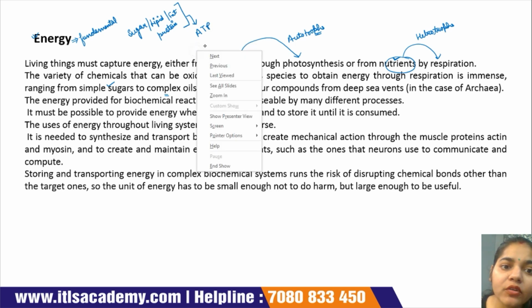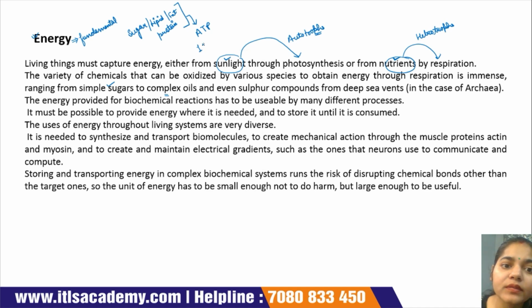Whenever one molecule of sugar or glucose is utilized or oxidized, we obtain 36 to 38 ATP molecules.